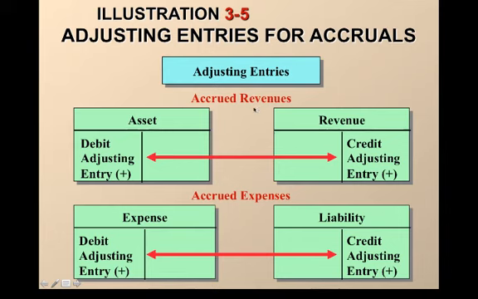Okay, just to recap now, adjusting entry. So we had accrued revenues. You're going to debit an asset and you're going to credit a revenue. And for accrued expenses, you're going to debit an expense and credit a liability.